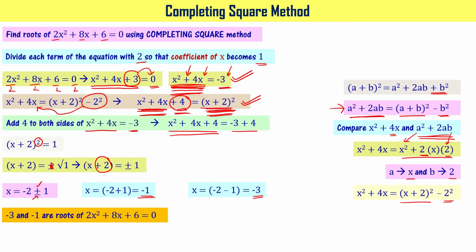For that, we have made use of the a plus b whole square formula, right? Then we learned that by adding the number 4, you can convert LHS into a complete square. That's what we have done, right? Then we have done some algebra, rearranging the equation, such that we have arrived at the roots of the given equation, right?